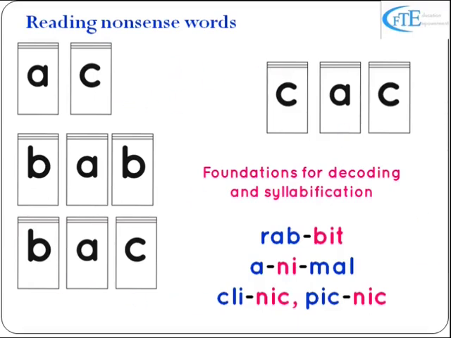If you start doing this at the very beginning, as you introduce every letter, you'll be very surprised that by the end of lower kindergarten, your child will be able to read big words like this. R-ab, rab, b-it, bit, rab, bit, rabbit.